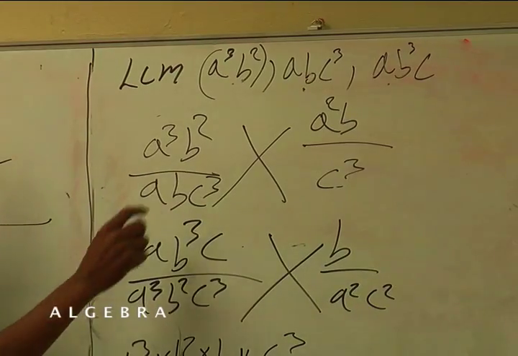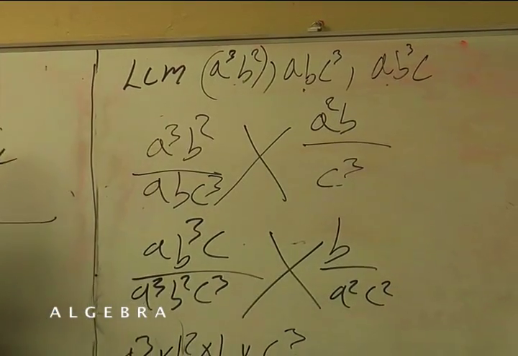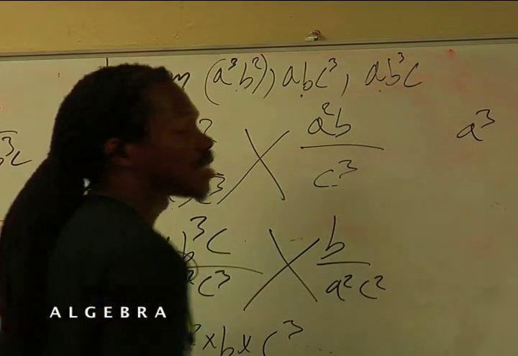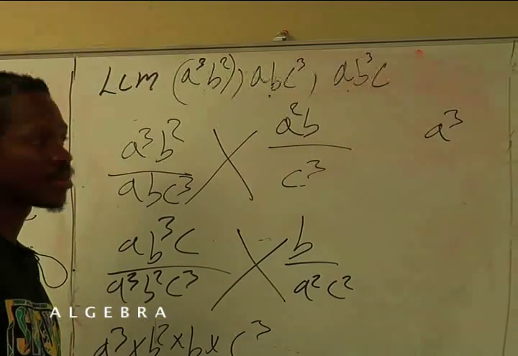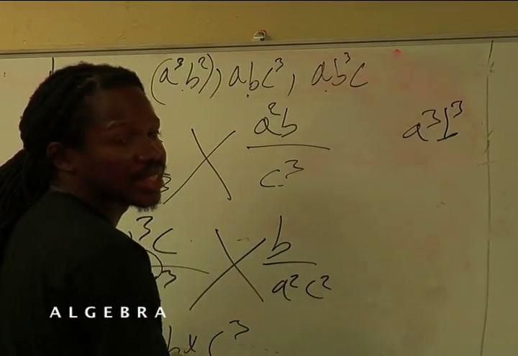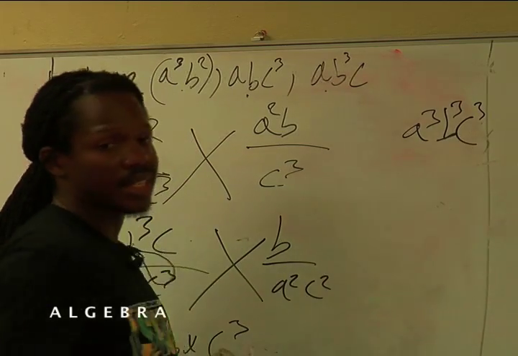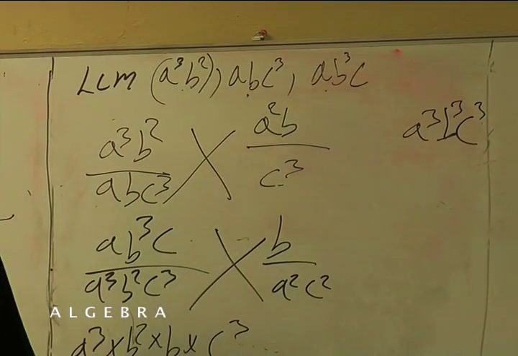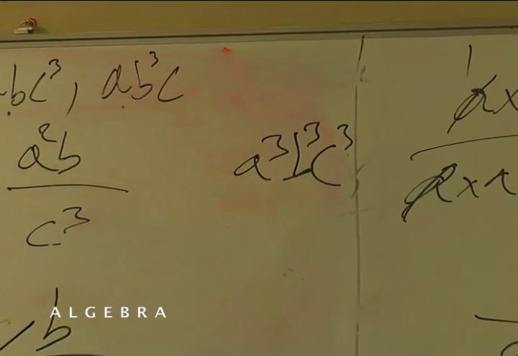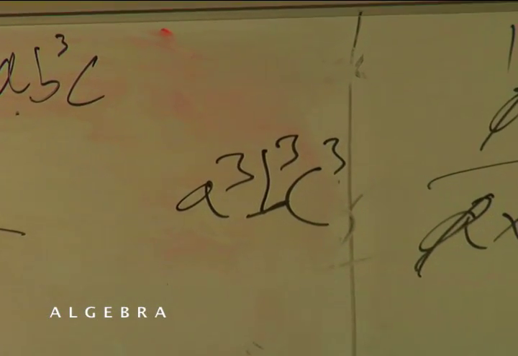Alright now. What is the biggest A out of the three of them? The biggest A? A cube. What's the biggest B? B cube. What's the biggest C? That's the LCM. What is the LCM?